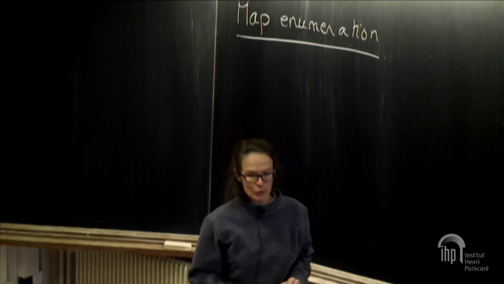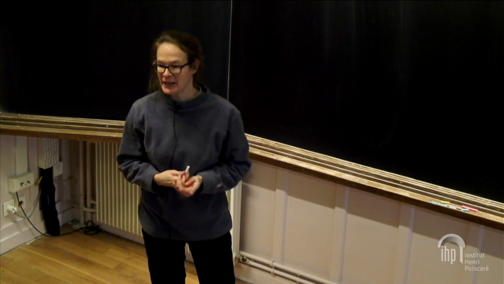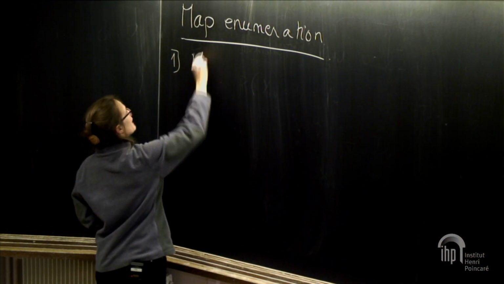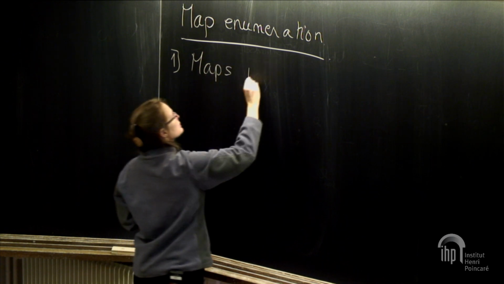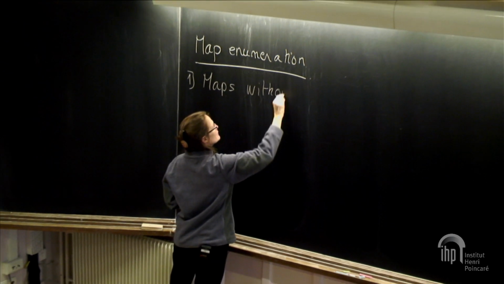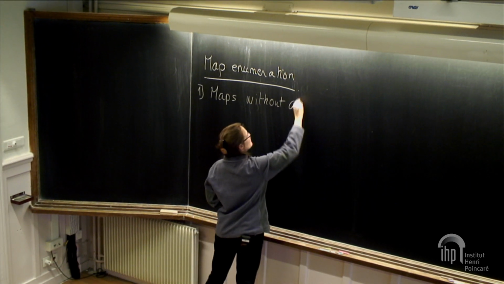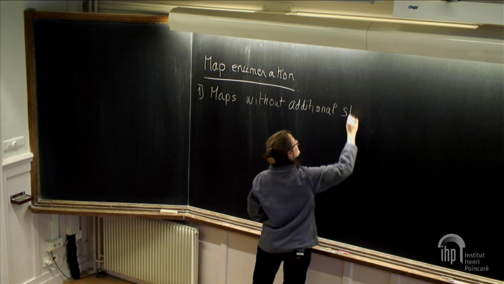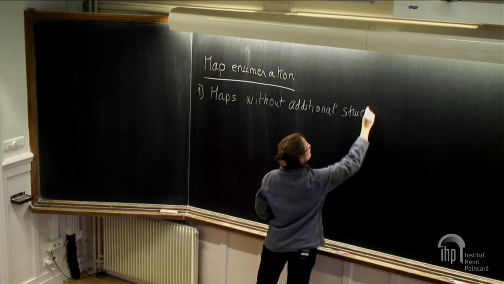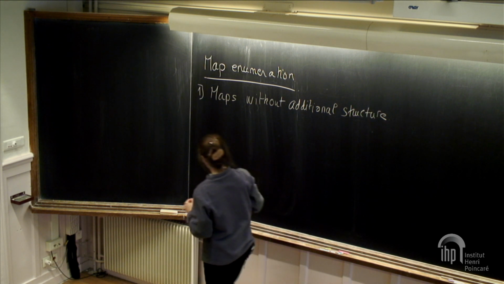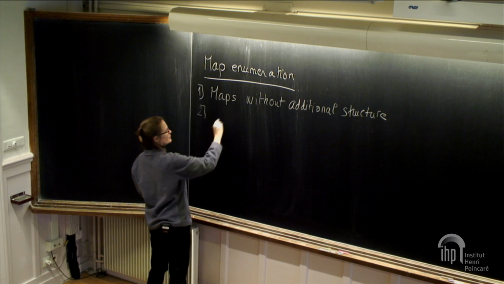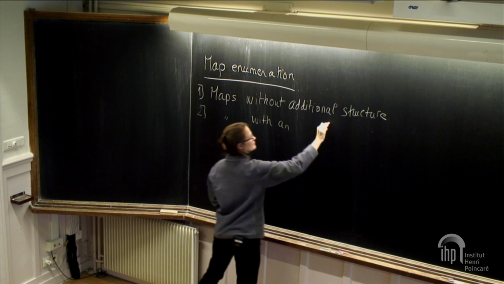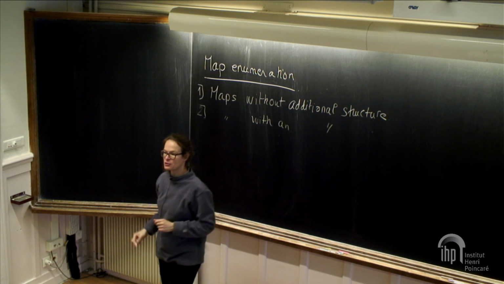So there will be two main big parts in this series of lectures. In the first part, I talk about maps without an additional structure. And you can probably guess that the second part will be maps carrying some additional structure on them.